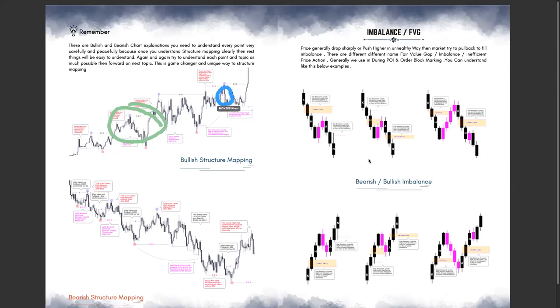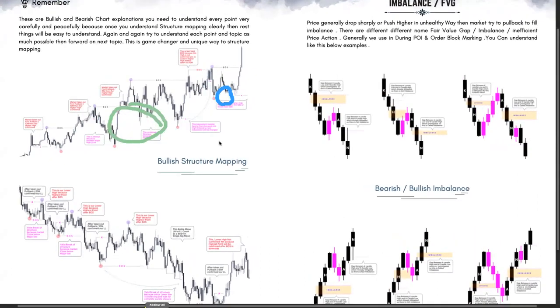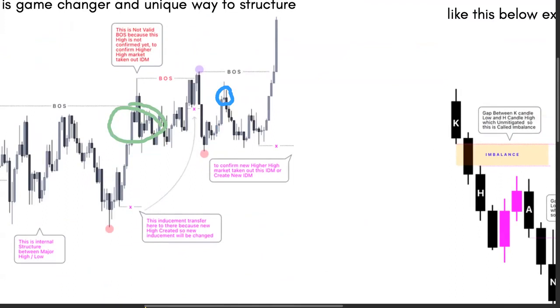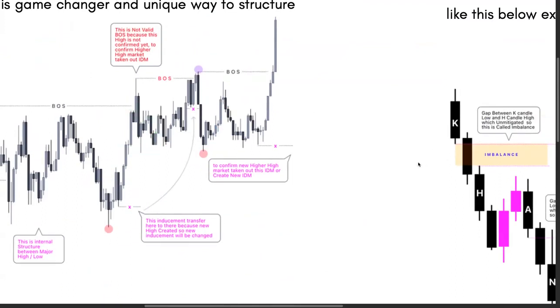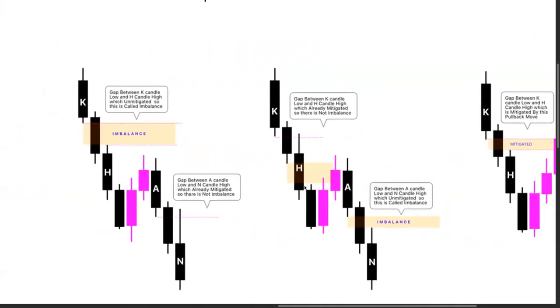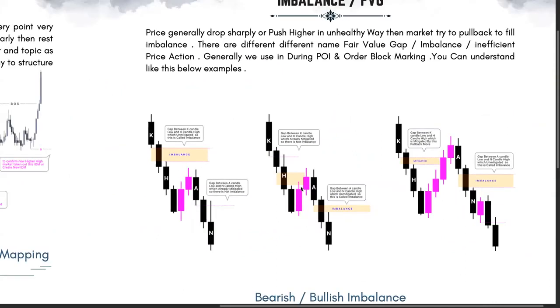The first imbalance. This is structure mapping, and this one is imbalance. Correct.